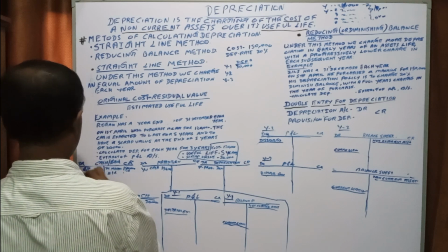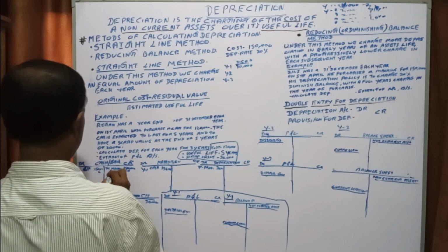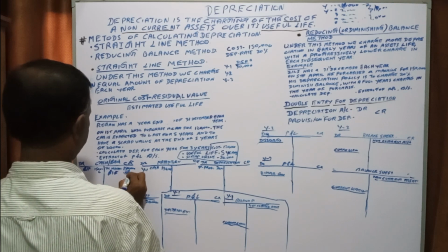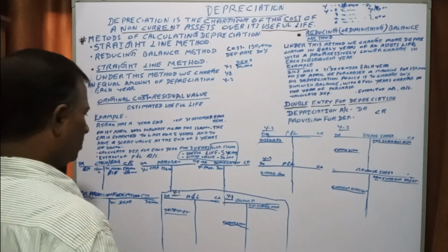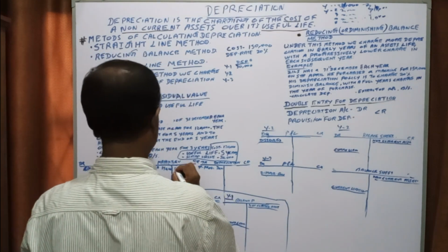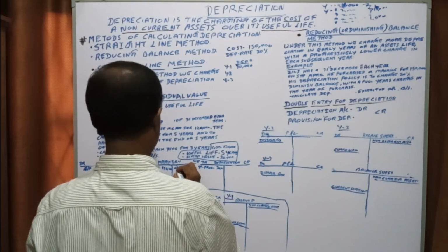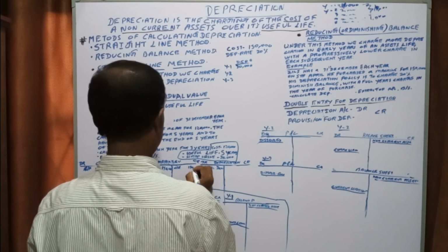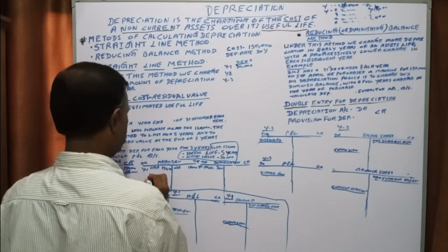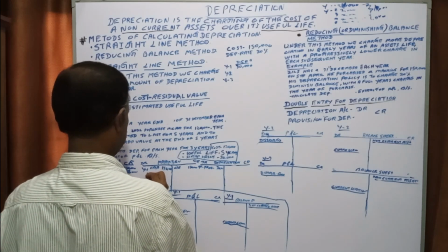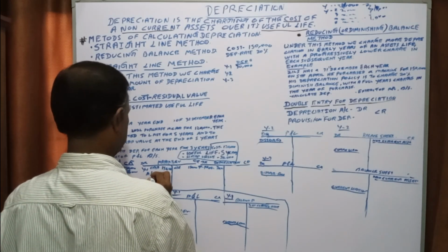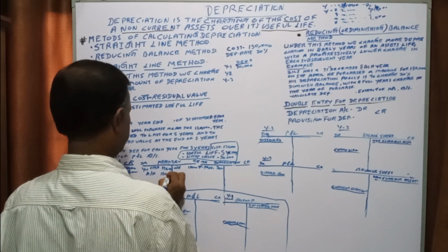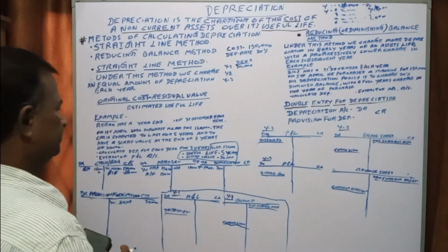Carried down here. This one brought forward 150. Right. Machinery also carried down. Balance is 150. Brought down, brought forward 150. Okay.